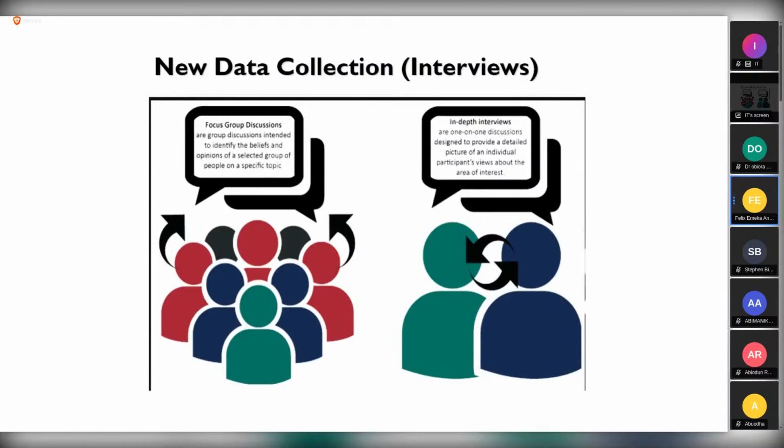So for the qualitative, we use what they call an in-depth interview guide or a focus group interview guide. So for the in-depth interview, you talk with the participant one-on-one. That's why it's called in-depth interview. It's one-on-one, you and the participant. And you're able to record the session using a recorder.